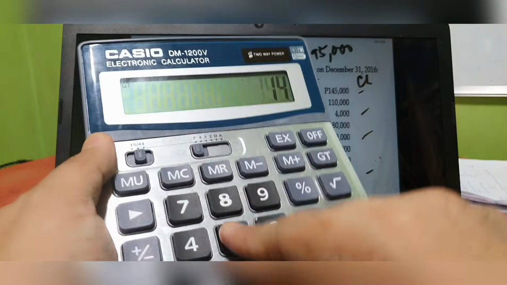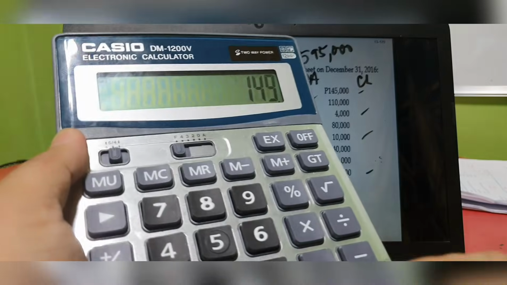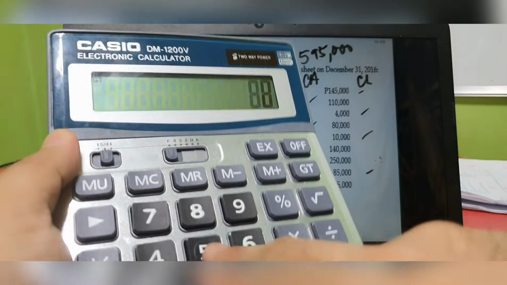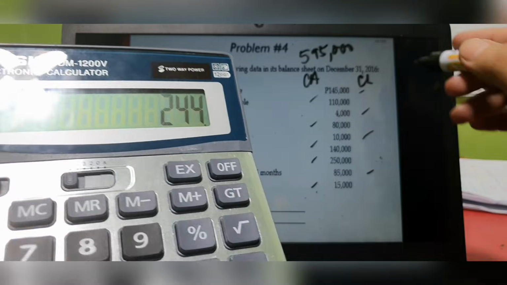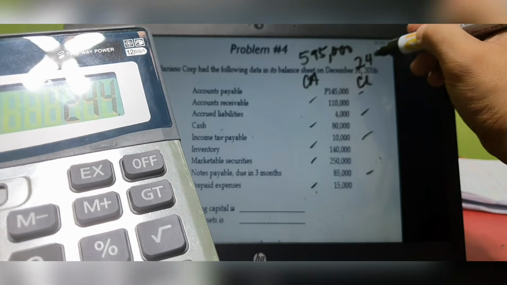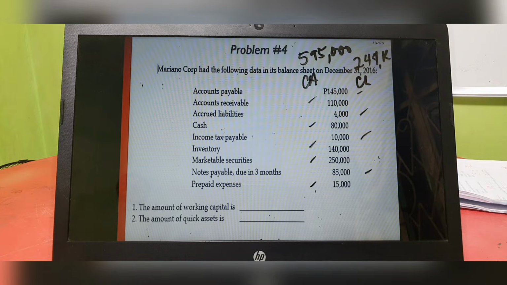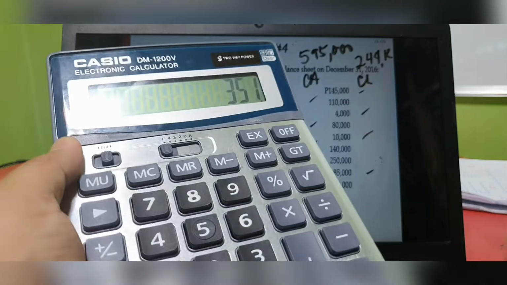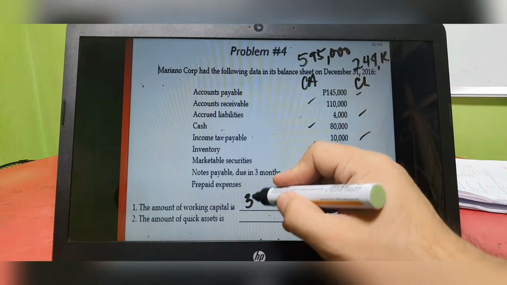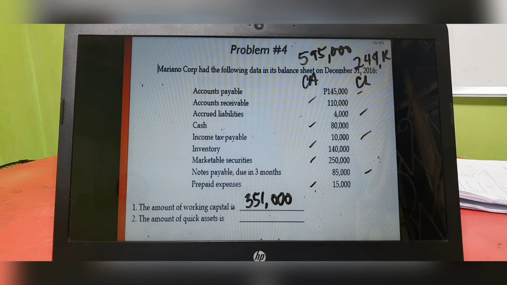That is 145 plus 4,000 plus 10,000 and your 85,000. So that would be 244,000. Okay? So what is your working capital? 595,000 minus your 244. So the answer is 351,000. That is your working capital.